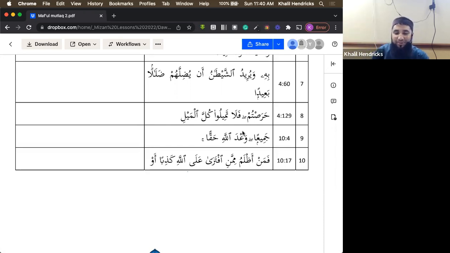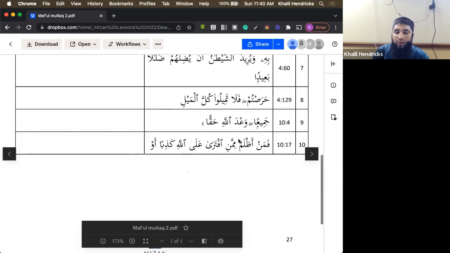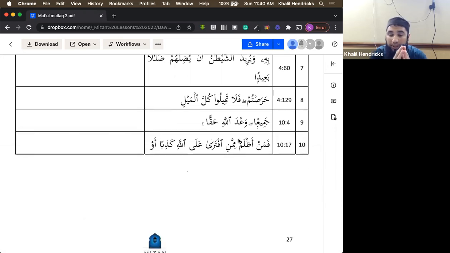But for now, what I wanted to see is, in terms of Maf'ul Mutlaq, I have a verb. It's followed by a word in nasb that has the same root letters. I'm not even going to tell you some other master, just that it has the same root letters. Maf'ul Mutlaq comes for three reasons.